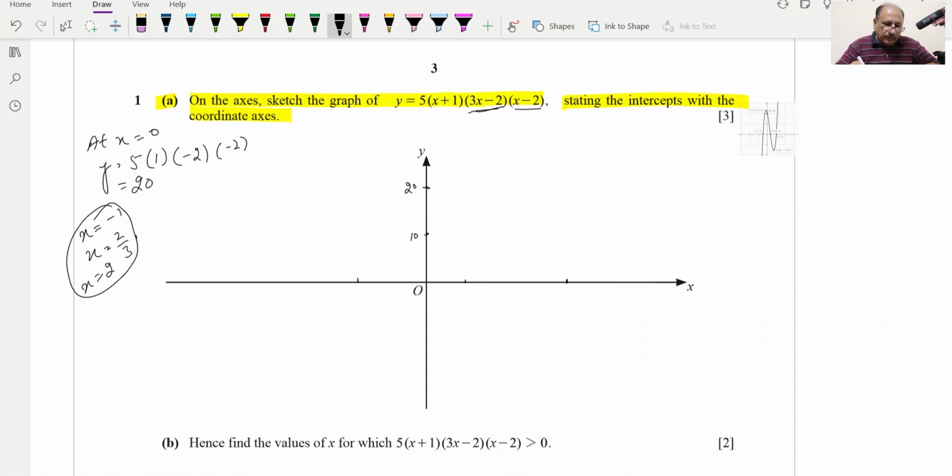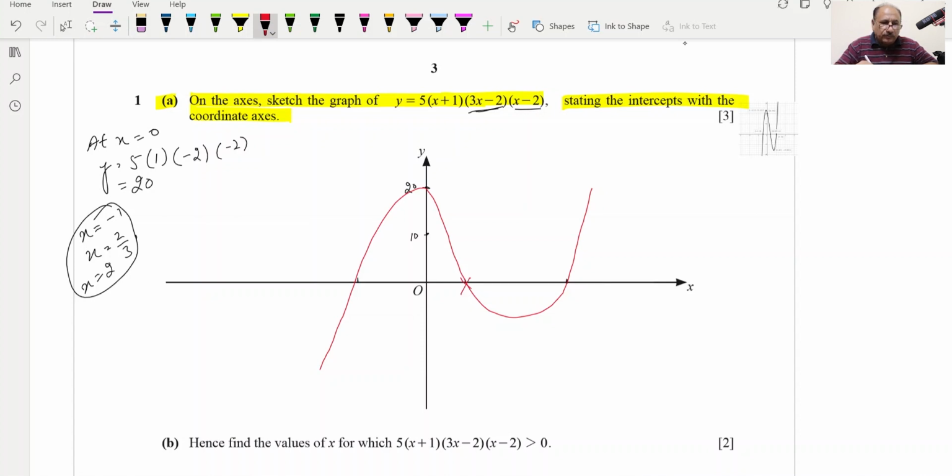Our graph will be a cubic graph, so we can plot it like so. It will be curving like this, passing through this 20 and passing through this 2. So this will be a rough sketch. You will just have to give the points.